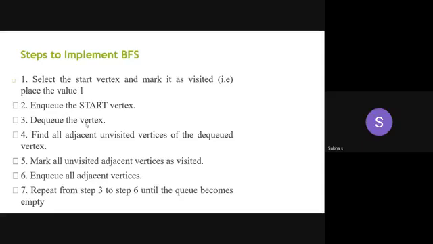Dequeue means what? Deleting the element from the queue. Dequeue the vertex, then find all the adjacent unvisited vertices. Suppose if I have 3 adjacent nodes, you have to place them one by one into the queue. Then again you have to mark all the unvisited vertices as visited. Then you are adding the elements into the queue.